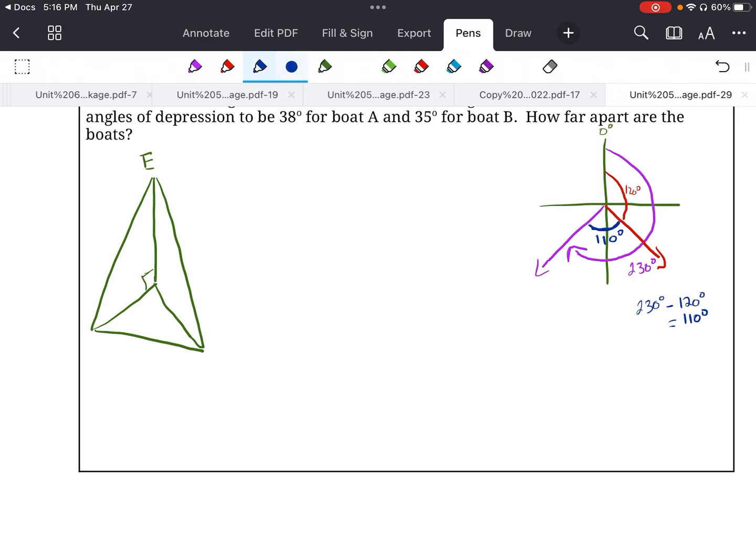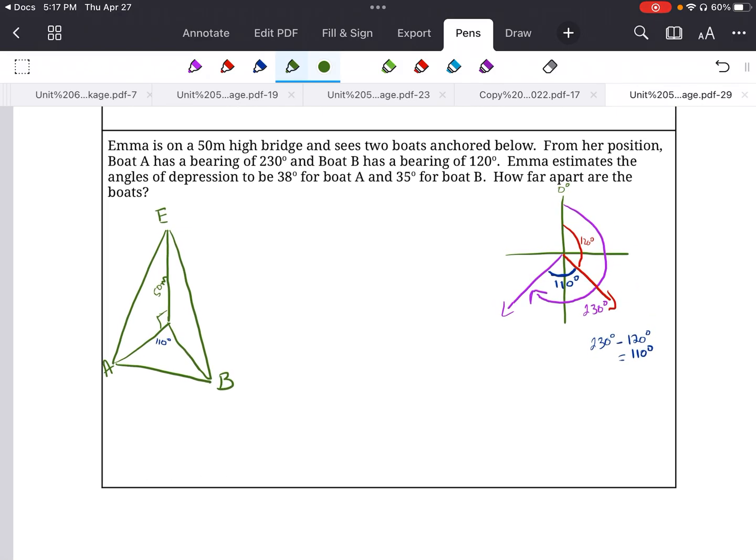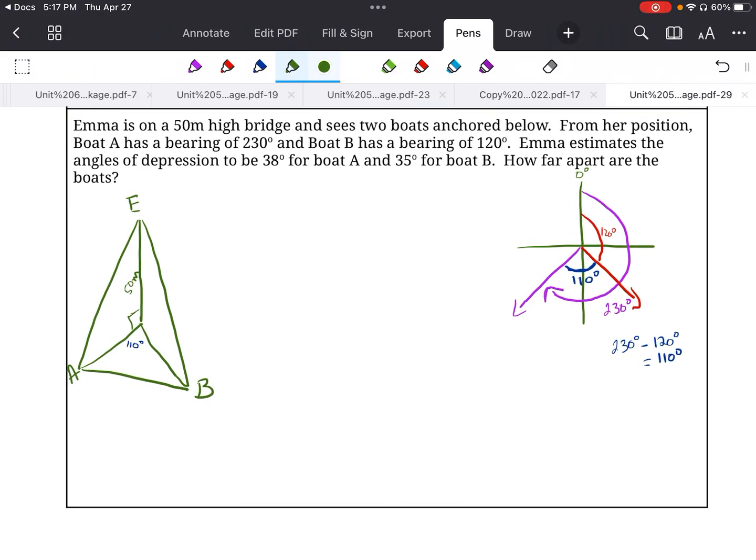Okay, so we just figured out that this is 110 degrees. So we have A, B, the cliff is 50 meters, or sorry, the bridge is 50 meters.